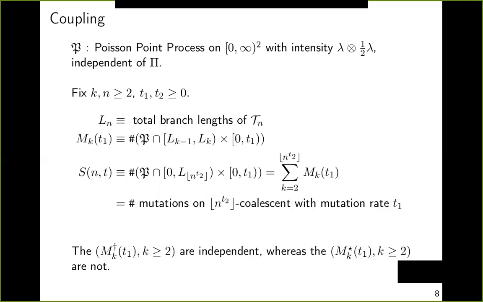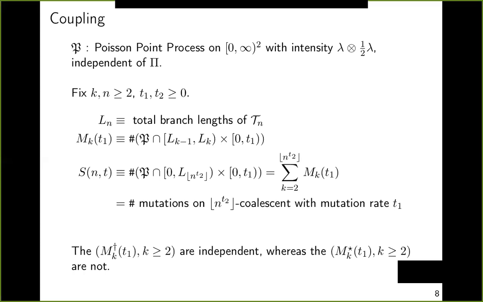And Mk is going to count the number of mutations, the number of points of this Poisson point process on the rectangle built by the interval Lk minus 1 up to Lk times 0 to t1, where t1 denotes the mutation rate.